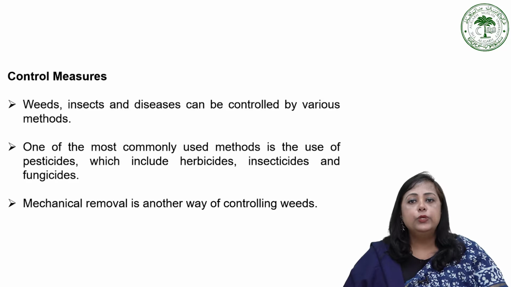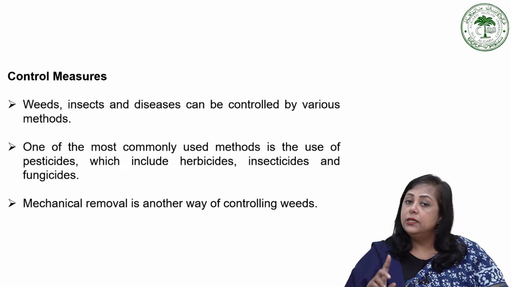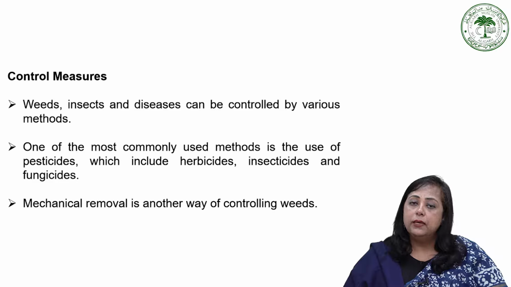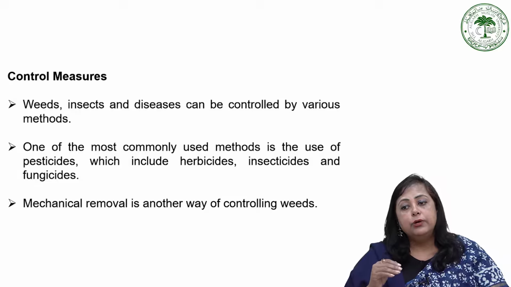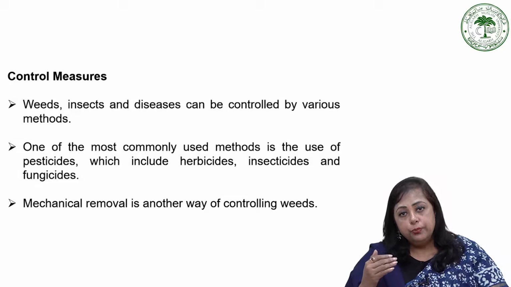The issue with pesticides, which we'll deal with in another lecture, is that farmers, in panic to not lose the crop, use more and more pesticide than required. Whatever is required, they use beyond that.